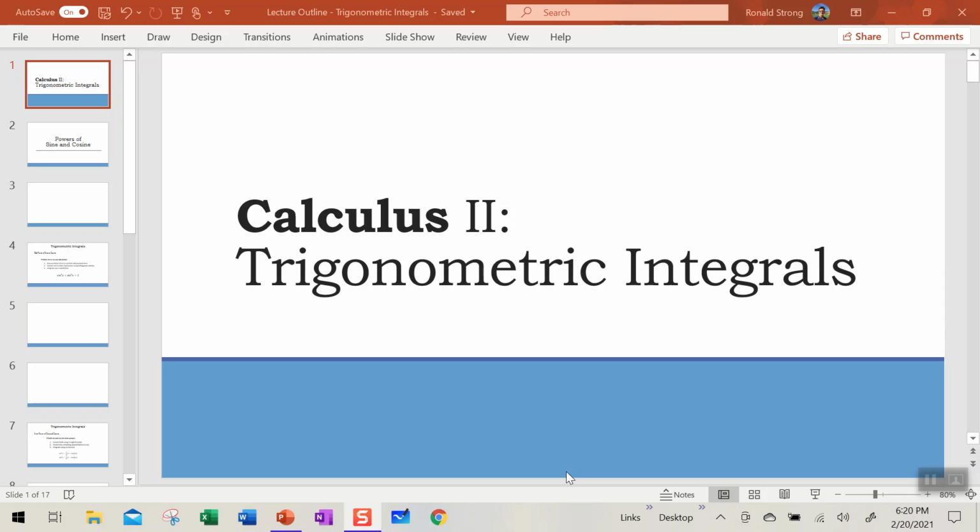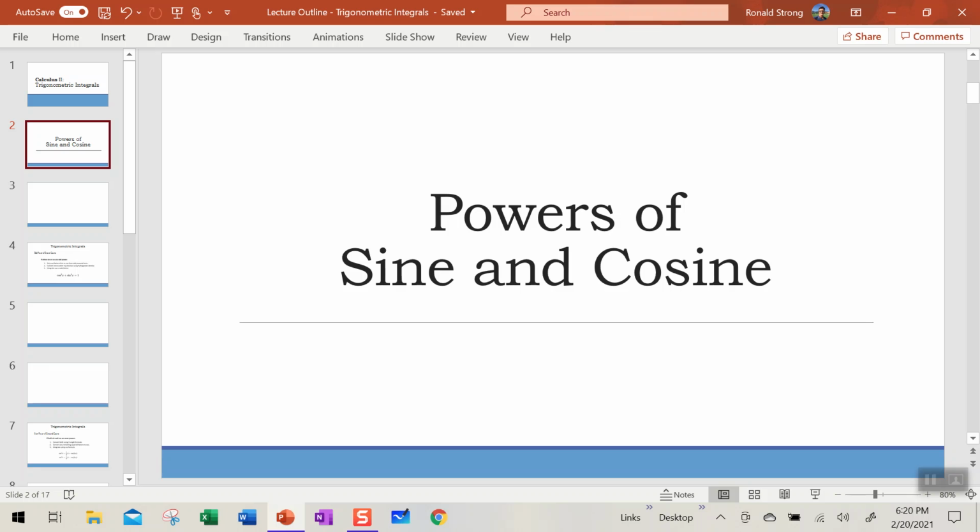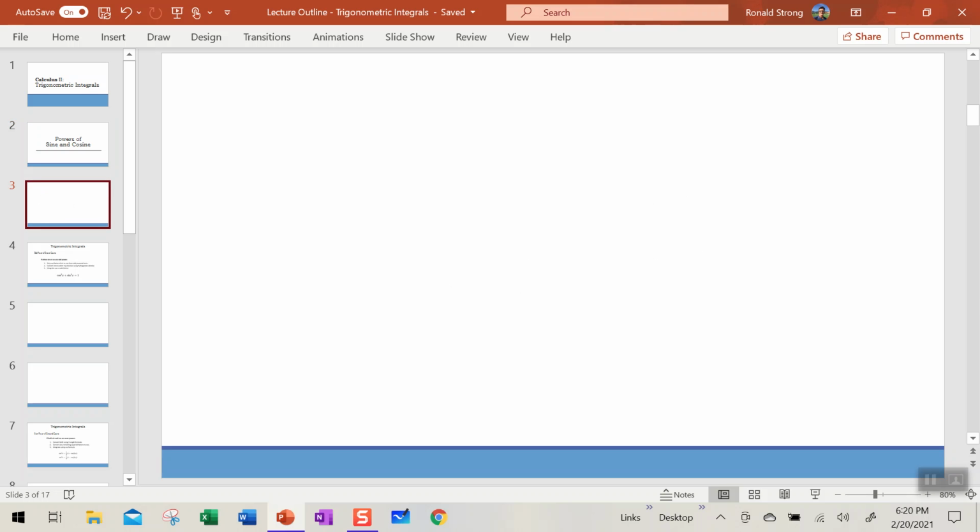So let's get started. The first thing that we're going to be taking a look at are powers of sine and cosine. And we've already seen some powers of sine and cosine. One example would be, let's say we have the integral of cosine to the third power x times the sine of x dx.